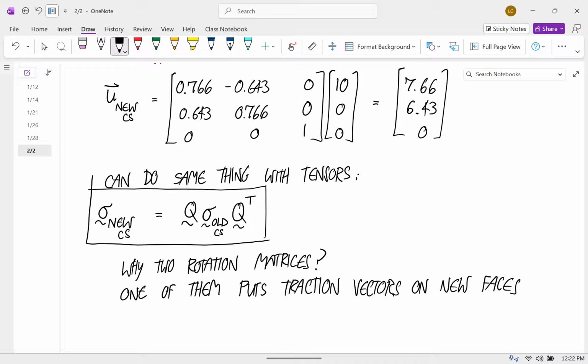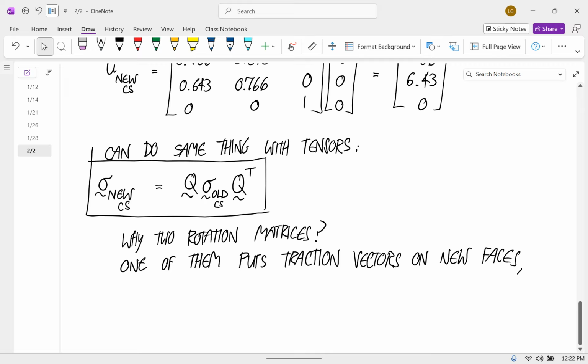Remember that the way that you adjust the face of a traction vector is by multiplying the outward facing normal to the stress tensor. Remember, we did that last week or something. And so one of these rotation matrices is doing that. And the second one is re-expressing those traction vectors in the new coordinate system.